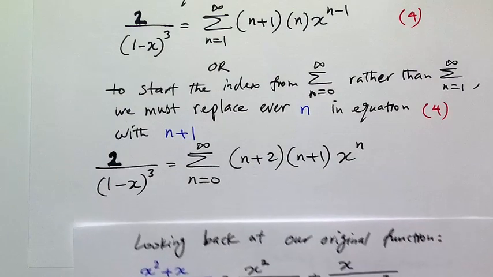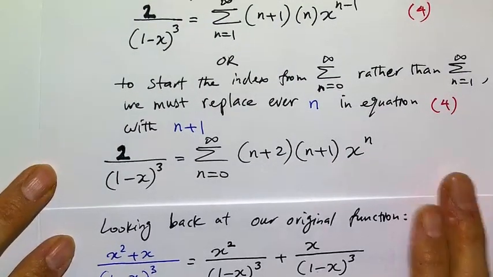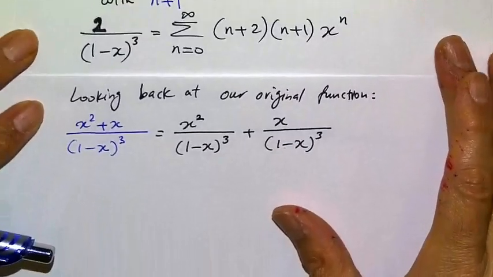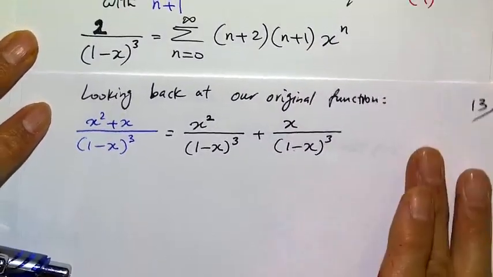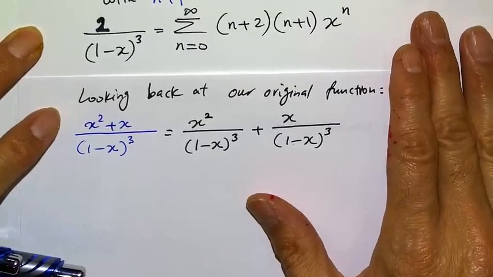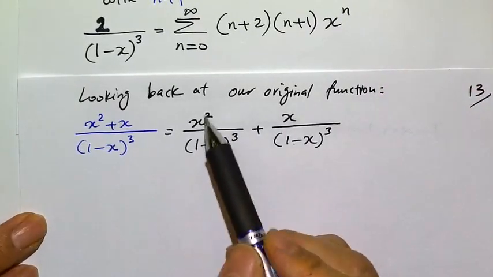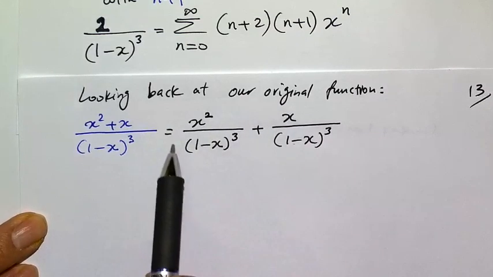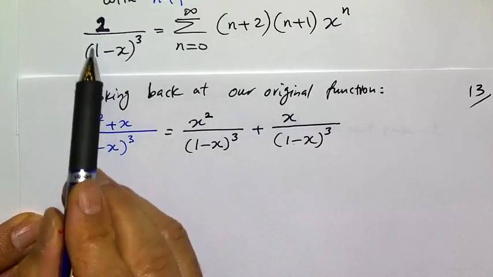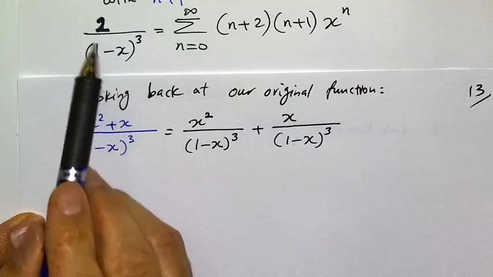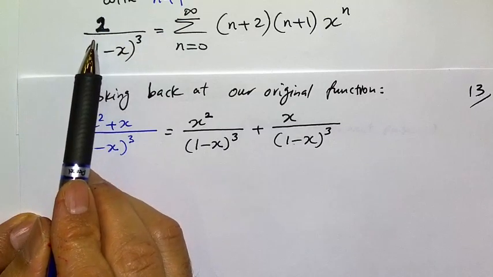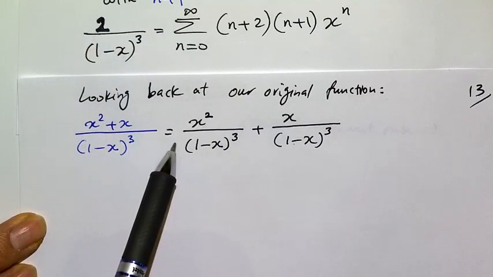Okay, so this is what we have so far. And looking back at the original function, if I want to get this from that, I'll have to multiply that by x squared over 2.